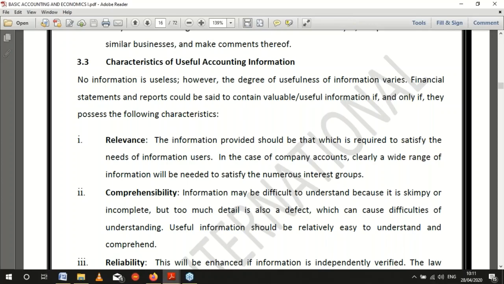Number two, what are the basic assumptions underlying the periodic financial accounting of an organization? Then the last one is, what is the Nigeria Accounting Standard Board?